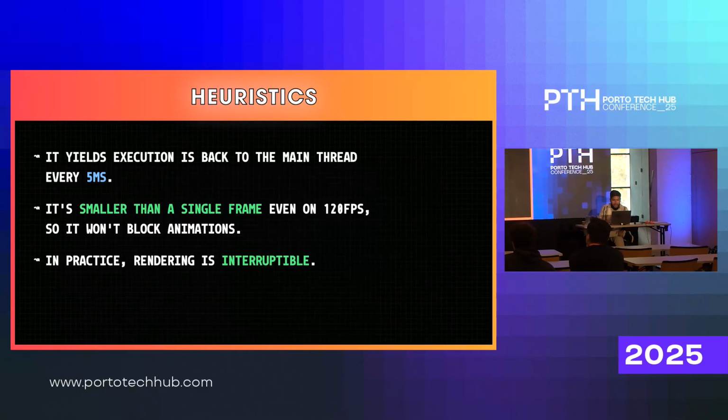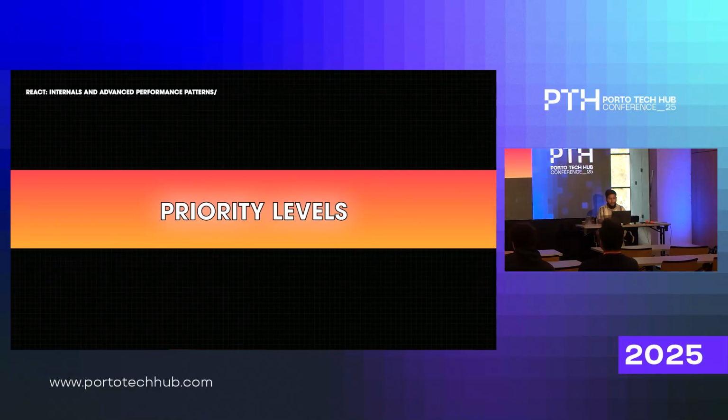And this is very interesting because they're not using generators, they're not using anything like we did. What they do is they have a magic number of 5 milliseconds. It sounds super magic, like those things we do in CSS sometimes that fix the thing. But here it actually has a good rationale: it's smaller than a single frame, even when we're talking about 120 FPS devices. So it doesn't block animation, and that's why it feels interruptible, just like our other scheduler.